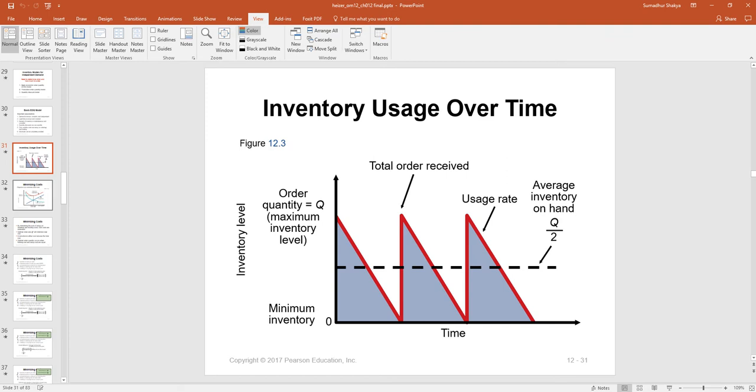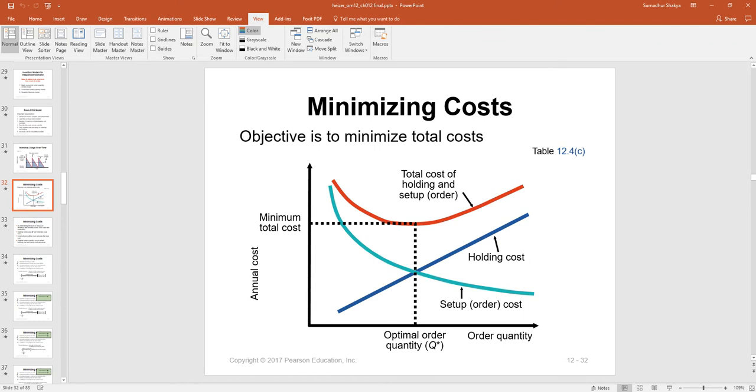Okay, and that is notified by this graph, wherein if you were to plot in your holding cost, it goes on linearly. Okay, so the more you store, the more cost you have, and for any given amount of time, let's say if you were to increase the quantity here, then your cost goes up by this much percent.